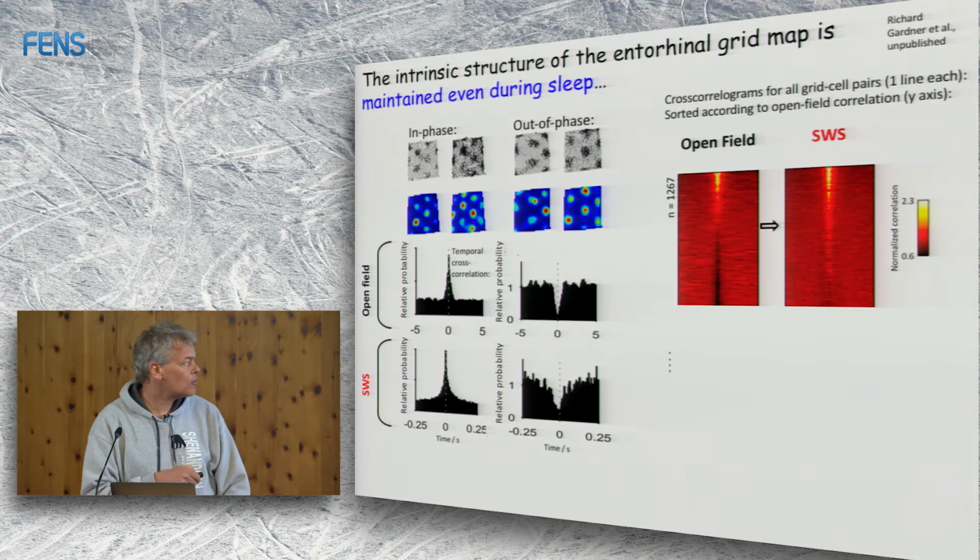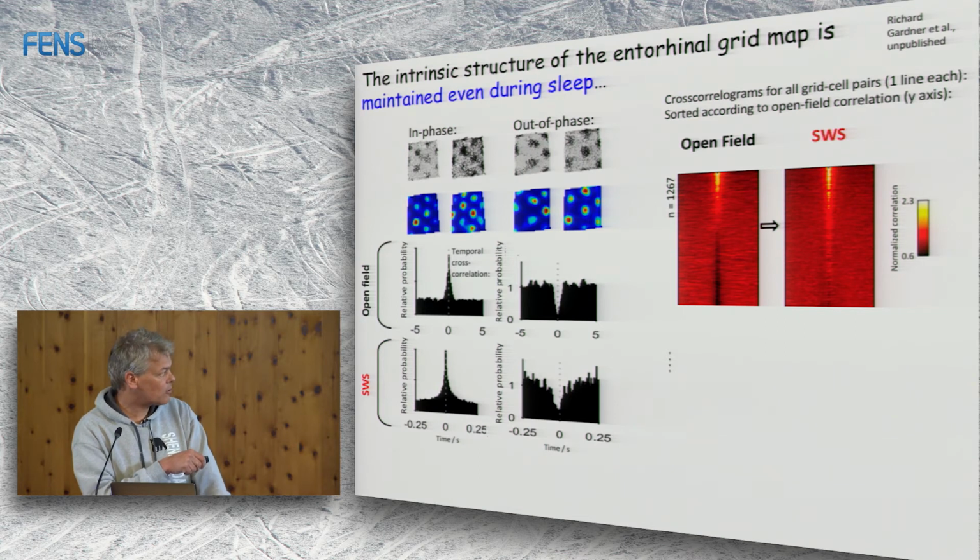So if you do that for the whole population with all possible combinations of pairs of cells, and then organize them first in the awake environment from those that are most highly correlated, and then color shows the correlation, and each cell pair is one row, then you go down and you get less and less correlation. So this is just how you organize the awake data. But if you then go to the sleep state, you see actually that it is largely retained.